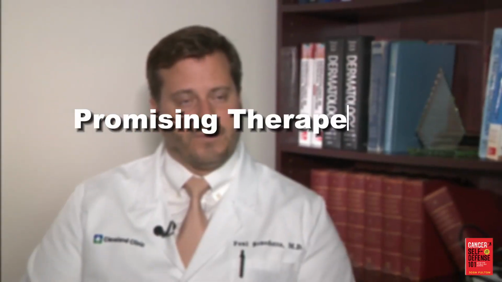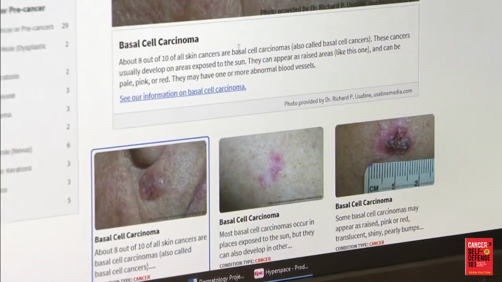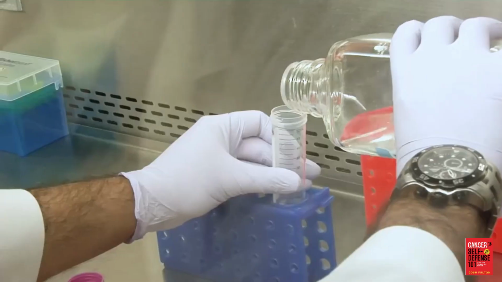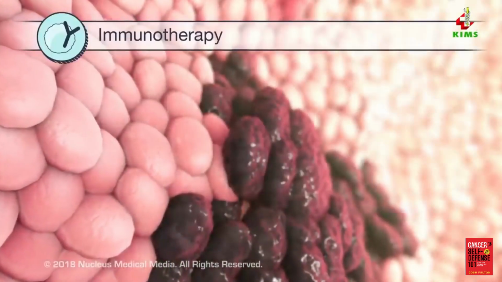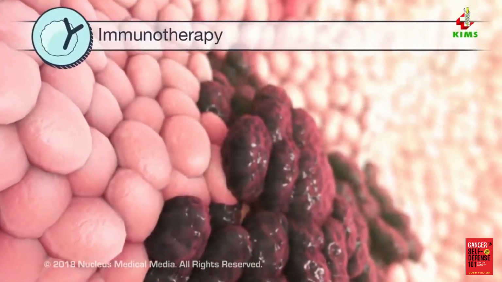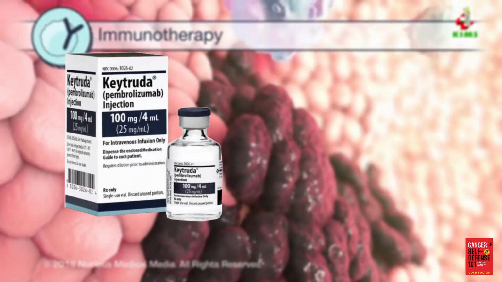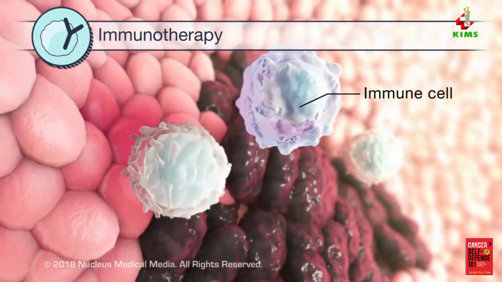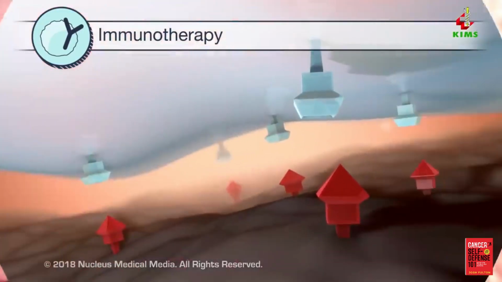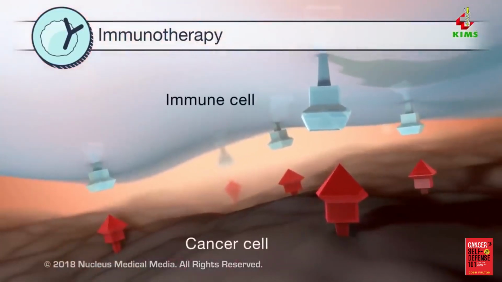Promising therapeutics in development. Research into new treatments for SCC is ongoing, and several promising approaches are being investigated. Immunotherapies. Immune checkpoint inhibitors, such as pembrolizumab and nivolumab, have shown promise in treating advanced SCC by enhancing the body's immune response against cancer cells.